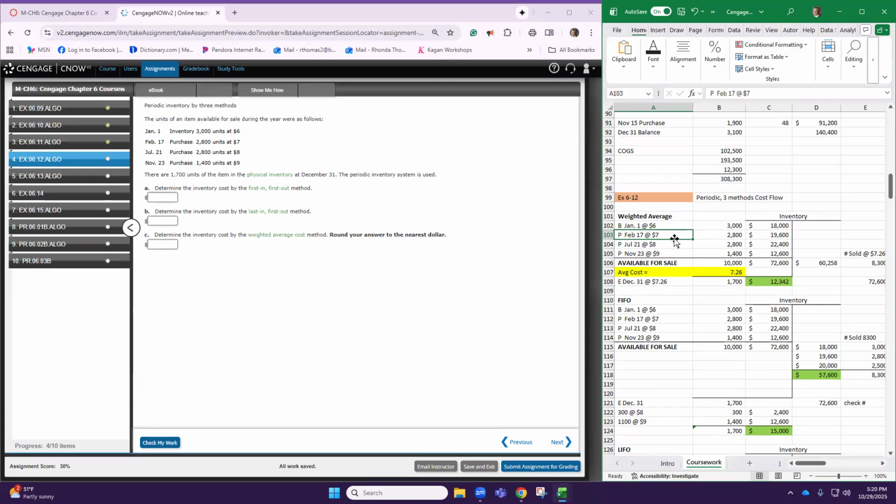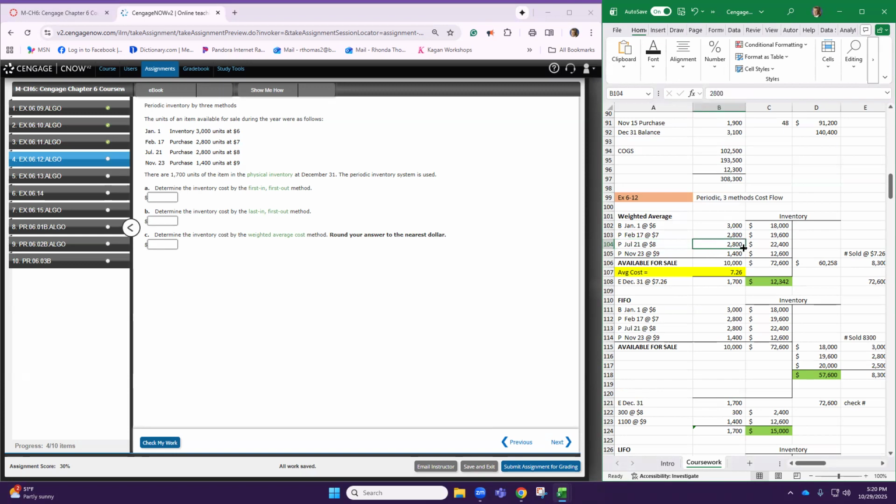The second purchase is for 2,800 units at $7. Okay, 2,800 units at $7. Our second purchase is in July 21st. They used $8 as the cost. So we got 6, 7, and 8. So it's going up a dollar each time.